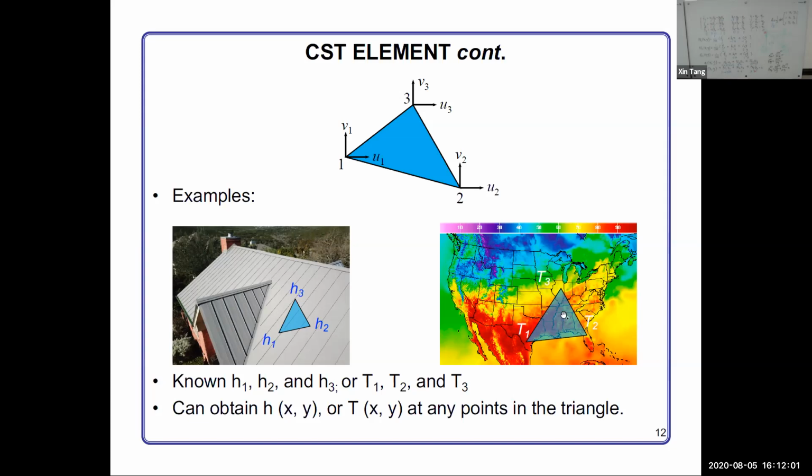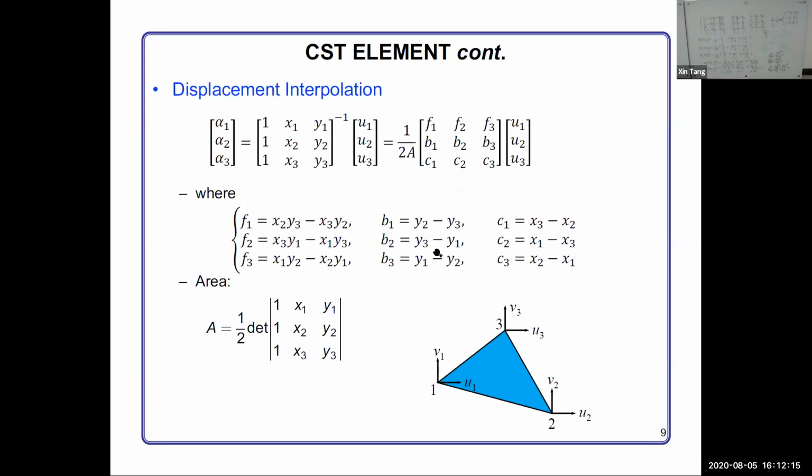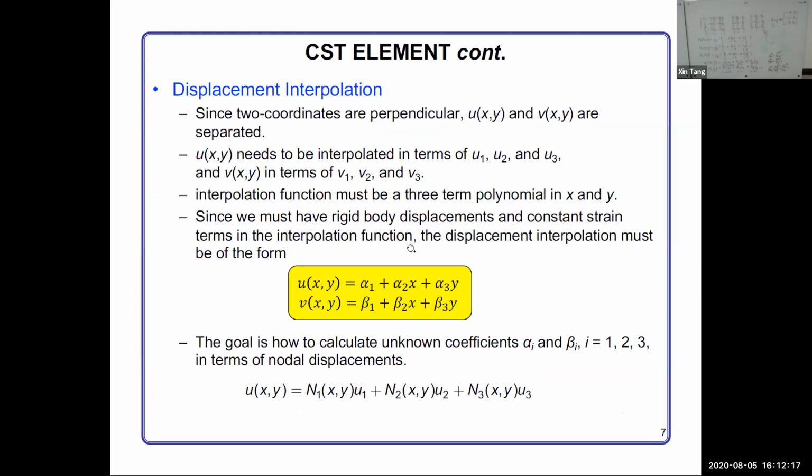Now, within this element, how do we get the continuous mechanics values like stress, strain, and displacement? We also talked about it last time. So let's briefly review it. Now, suppose the continuous displacement u(x,y) is written as alpha1 plus alpha2 x plus alpha3 y.